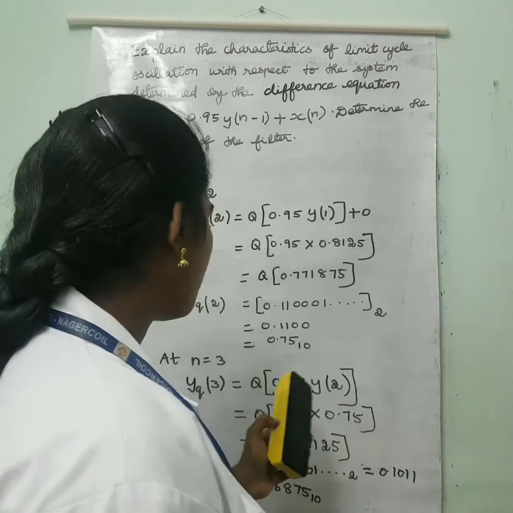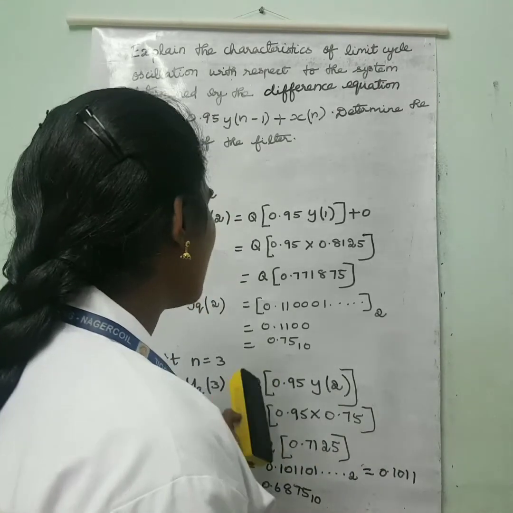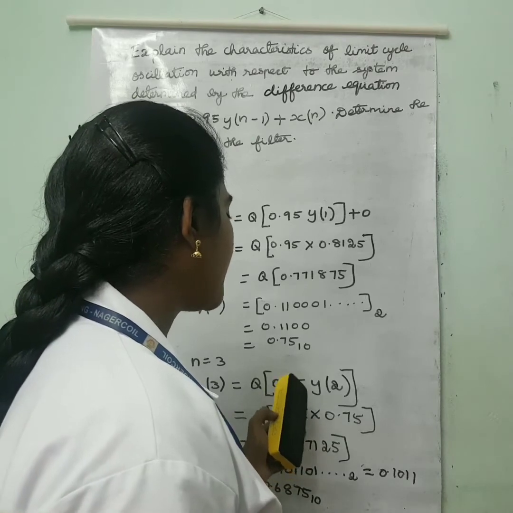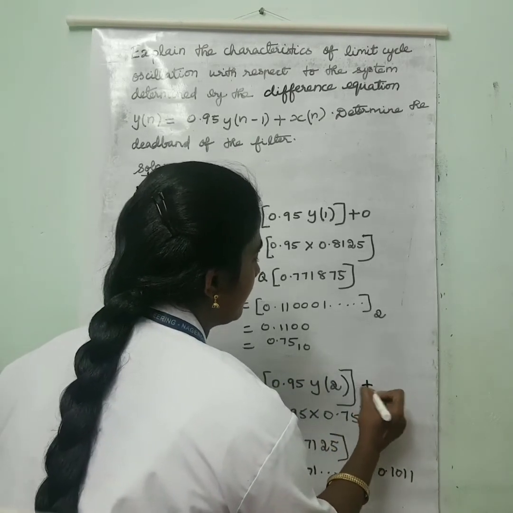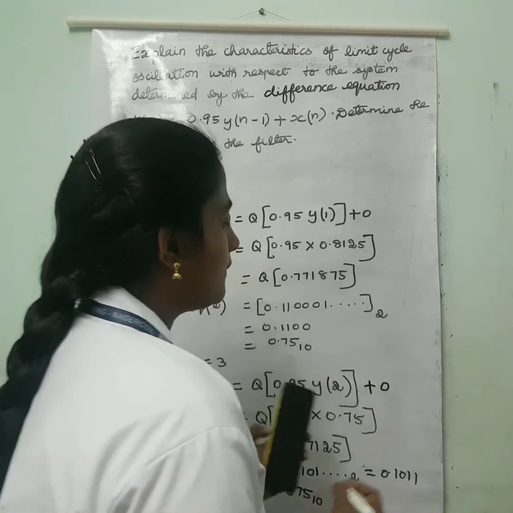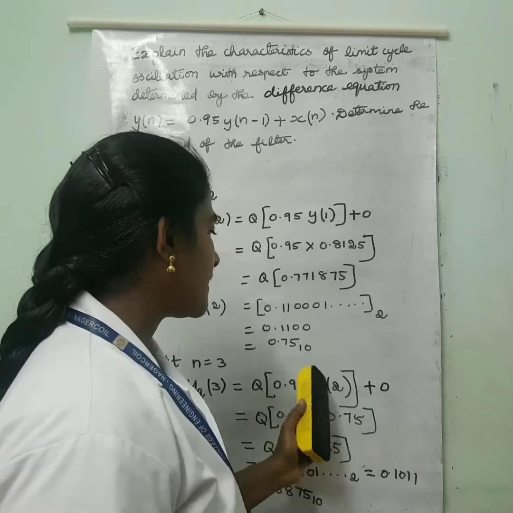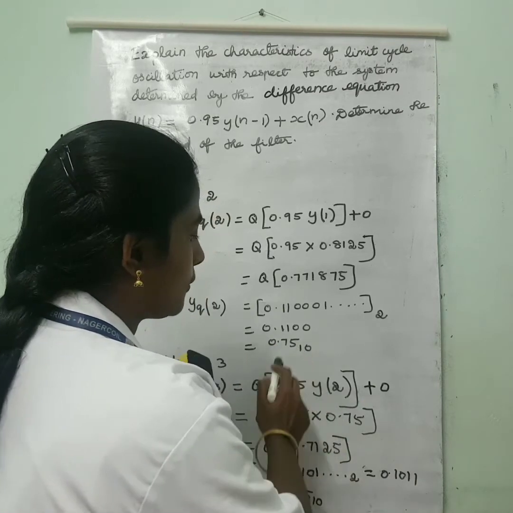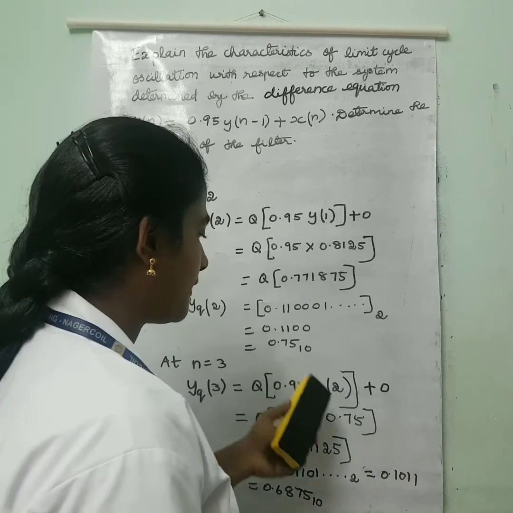Next we have to find n is equal to 3. So yq of 3 is equal to q of 0.95 into y of 2. Here also plus 0. That is, for n not equal to 0, you will get x of n value 0. So previously we have found y of 2, that is 0.75, that is the previous value.